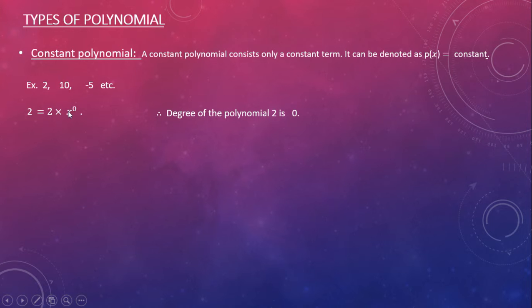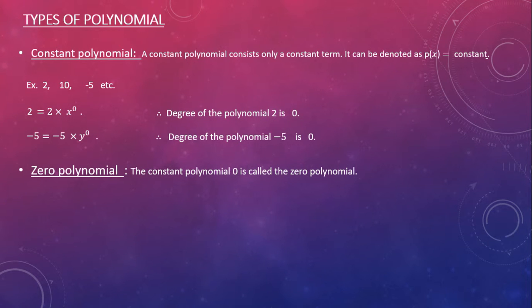Sorry, the degree of polynomial 2 is 0 since the variable x has power 0. Next, minus 5. We can write minus 5 as minus 5 into y to the power 0 since y to the power 0 equals 1. Therefore, the degree of the polynomial minus 5 is 0.